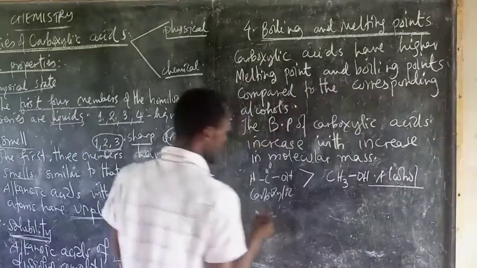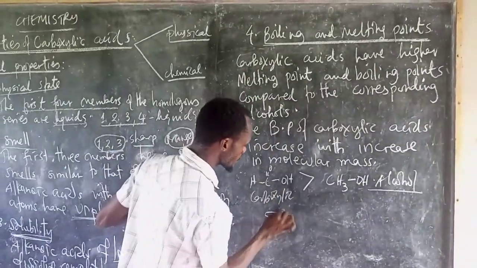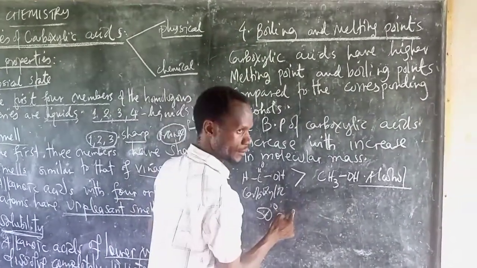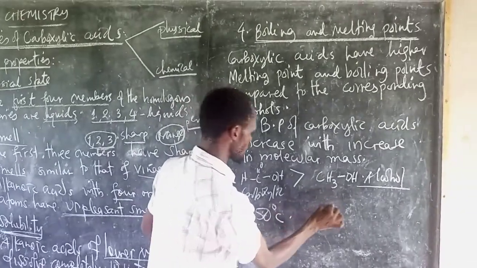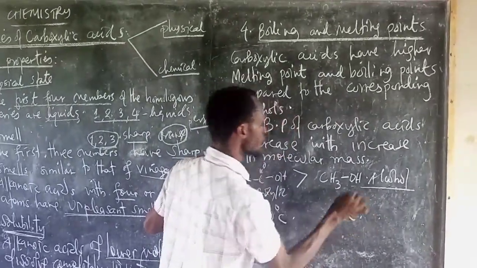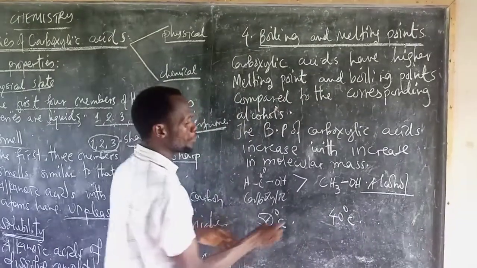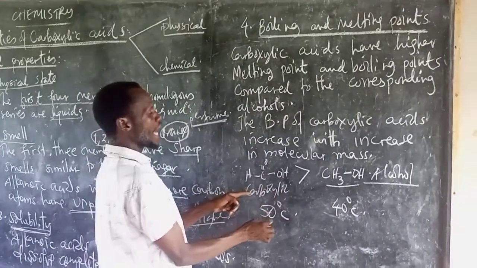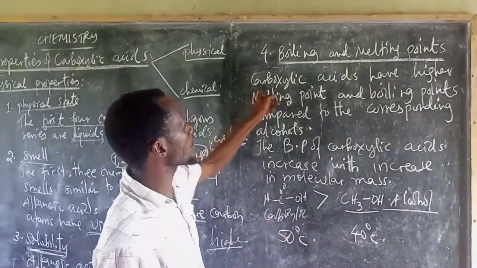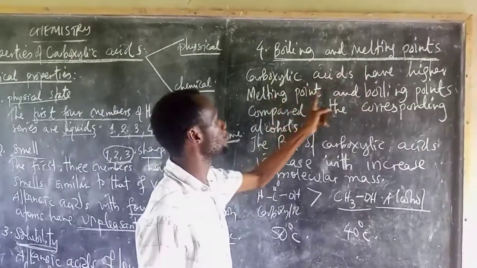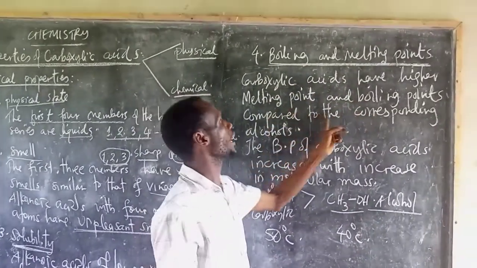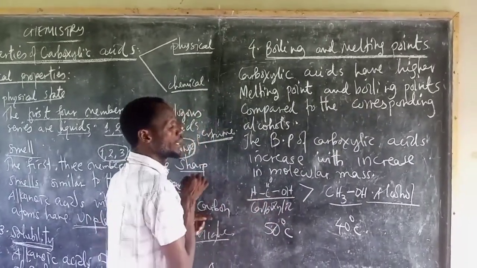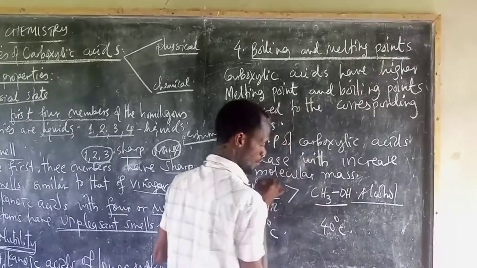So, if this is 50 degrees Celsius boiling point, this is less than this one, means it may be 40 degrees Celsius. This is an example. Means the boiling point of alcohol is lower than that of carboxylic acid. In other words, carboxylic acids have higher melting point and boiling point compared to the corresponding alcohol.